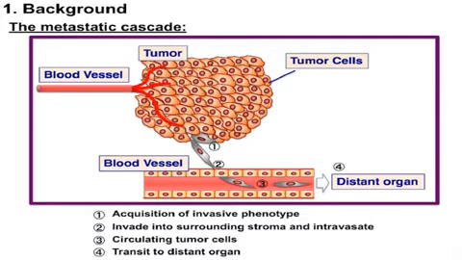So here is the background. During the metastatic stage, cancer cells invade through the tumor tissue and move into the surrounding stroma, then intravasate into blood vessels or lymphatics. But as you can see in the diagram, not every cell invades and metastasizes.